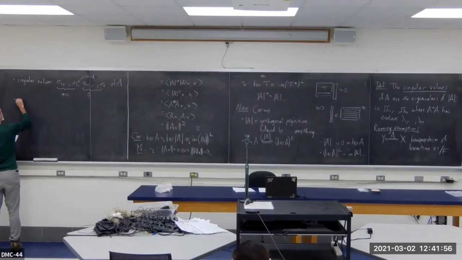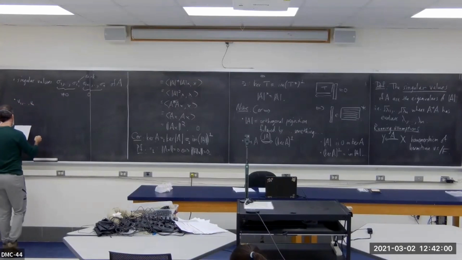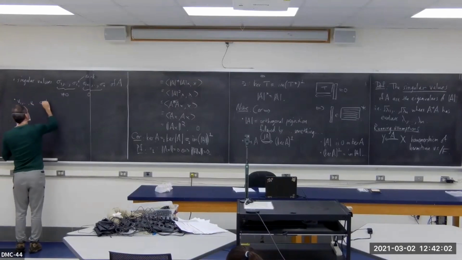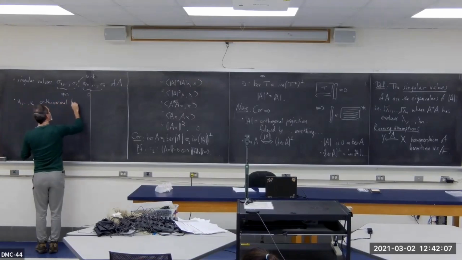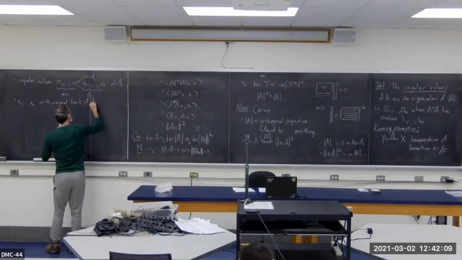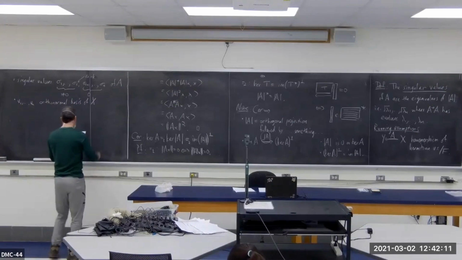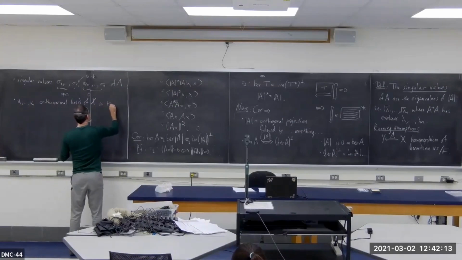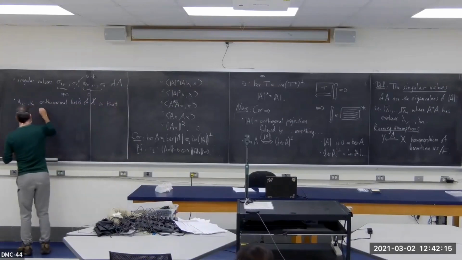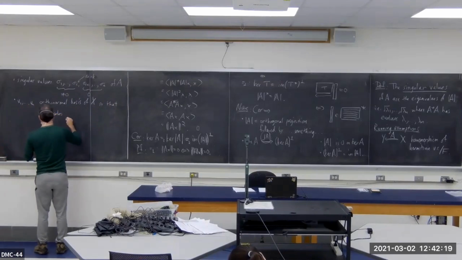And I'm going to choose v1 through vn to be an orthonormal basis of the space X, so that the modulus of A scales v_i by sigma i.